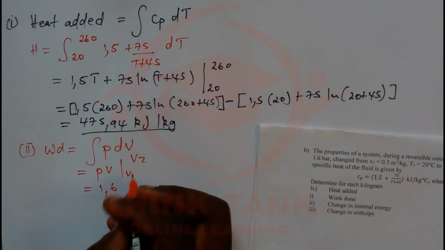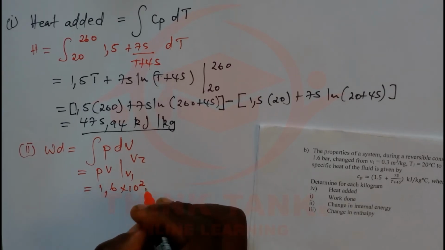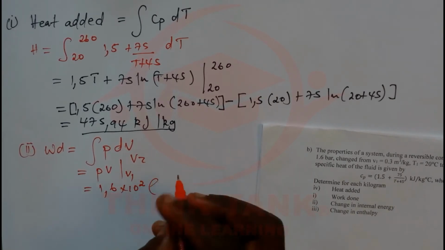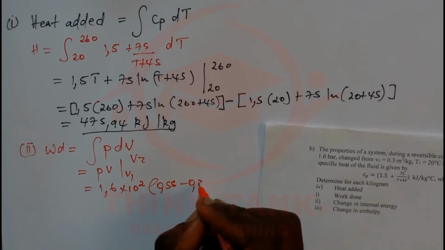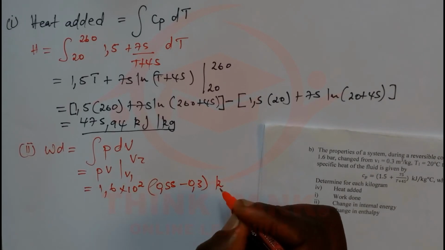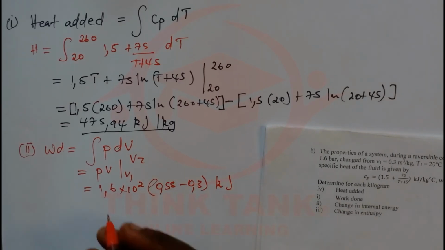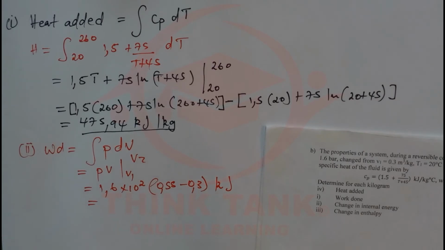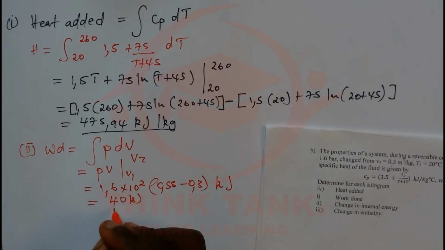I'm going to change bar to kilopascal, so I'm going to write times 10 to the power 2 kilopascal, times V, 0.55 minus 0.3, and I'm going to write kilo right here, so kilojoules. If we multiply here, we're going to get 40 kilojoules, right?